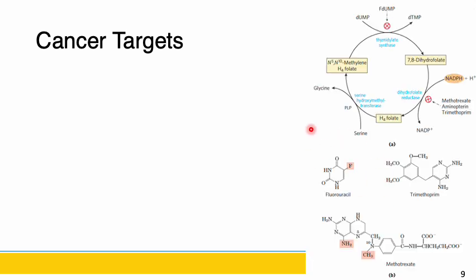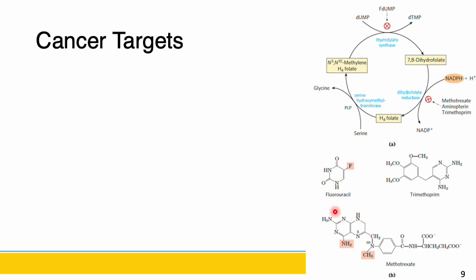So another useful cancer target for pharmaceutical agents is thymidylate synthase. You can see right here, this is thymidylate synthase, and dihydrofolate reductase, this enzyme over here. These are enzymes that provide the only cellular pathway for thymine synthesis. We'll go through in a little bit how thymine synthesis actually works. But one inhibitor that we want to focus on is this molecule called fluorouracil.